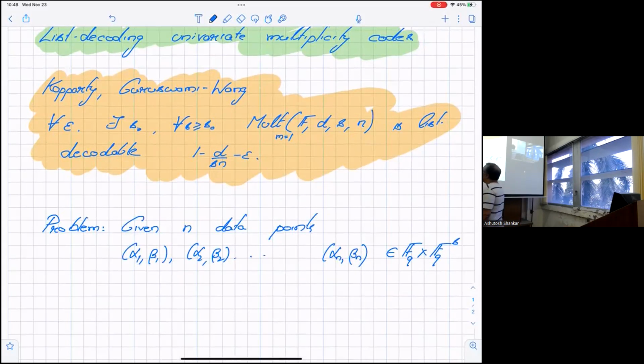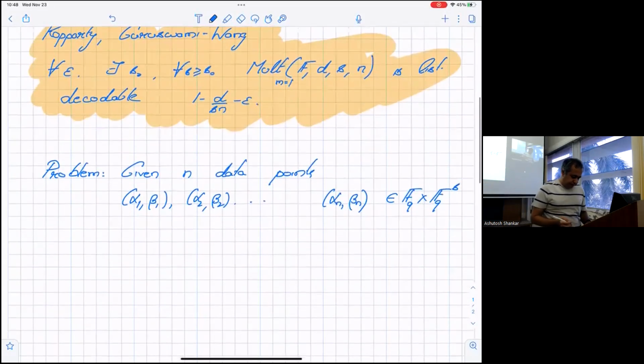And what we want to do is find a polynomial such that on a large fraction of these points alpha i, if you evaluate at alpha i, the corresponding derivative sequence is beta i.